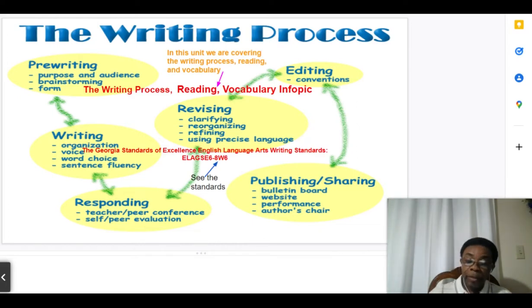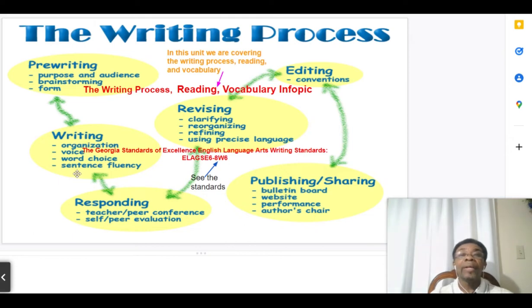I know we've been talking about the writing process, the reading, and then vocabulary instructions. And our standard that we've been covering is the Georgia Standards of Excellence English Language Arts Reading Standards, ELAGSE through AW6.